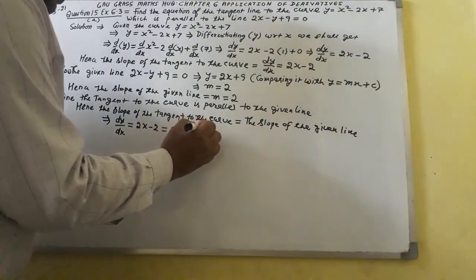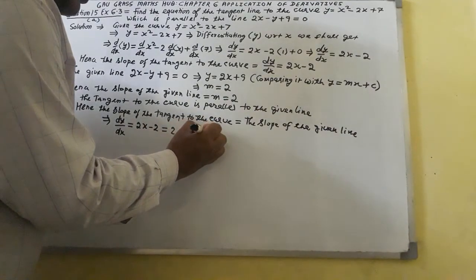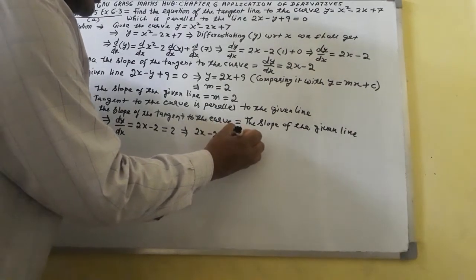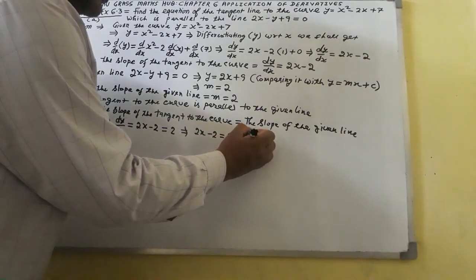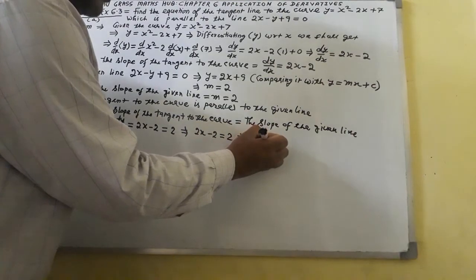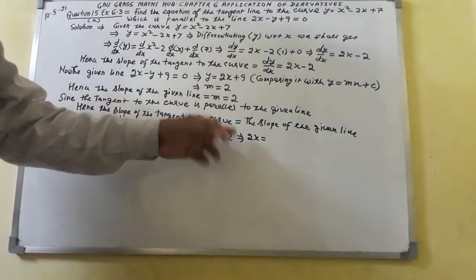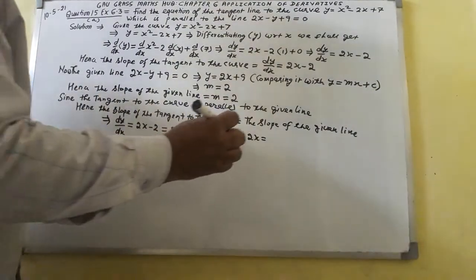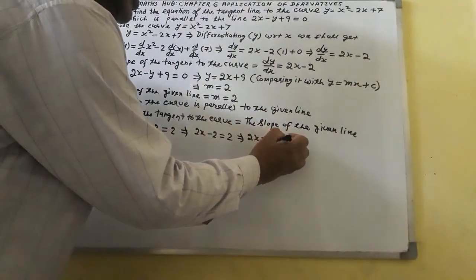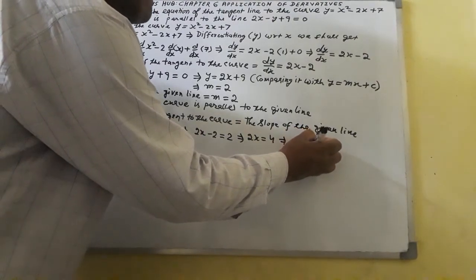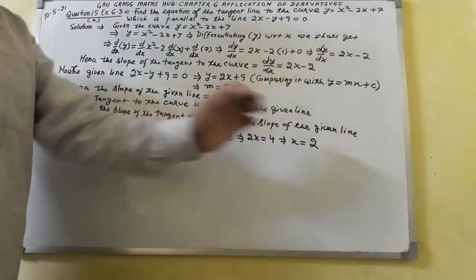So here we have got 2x minus 2 equal to 2, implies that 2x equal to, here minus 2 is there on the left hand side, move it to the right hand side, comes out to be 2 plus 2 comes out to be 4. So here we shall get x equal to 2. Here the value of x we have got is 2.